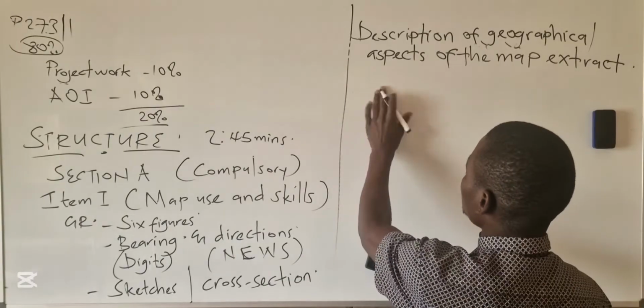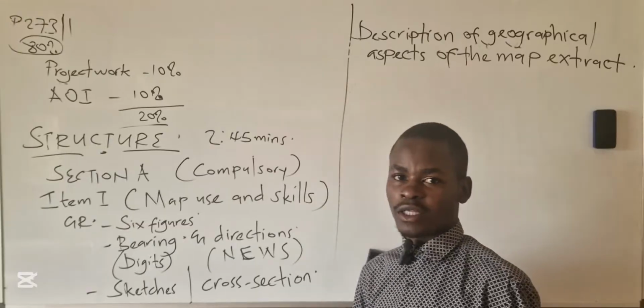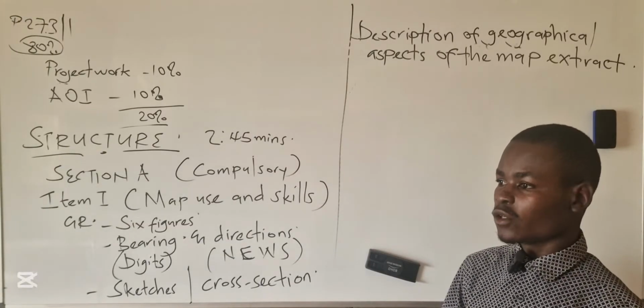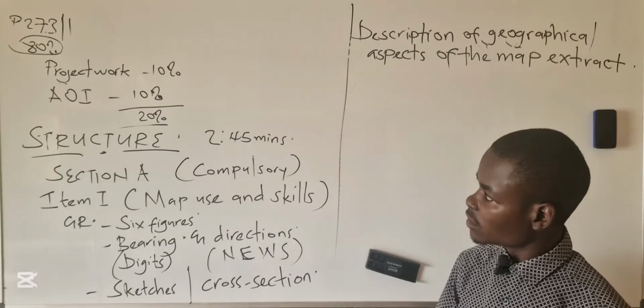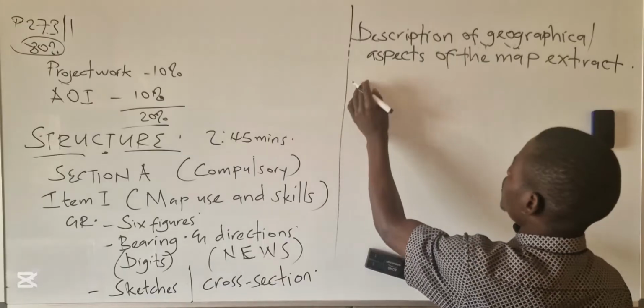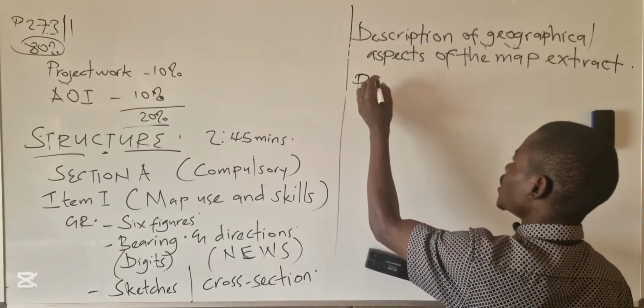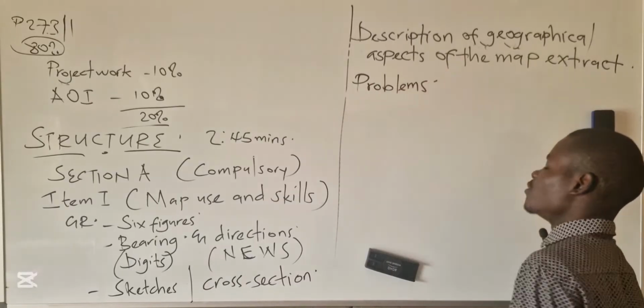First of all, when you are given a map extract and you open it, or when you unfold it, you may find that a lot of things come into your mind. One of them is you look at the map extract and you identify problems.